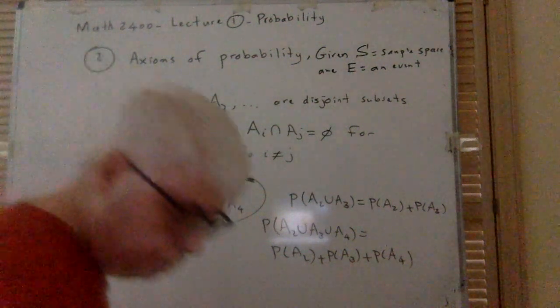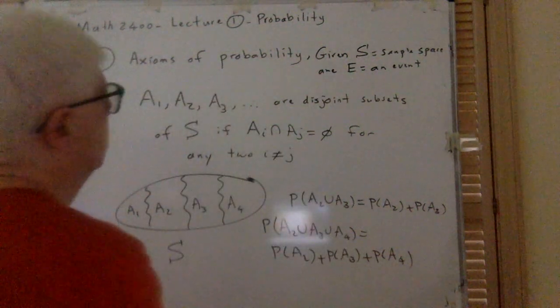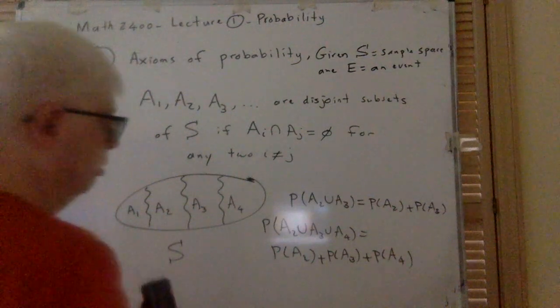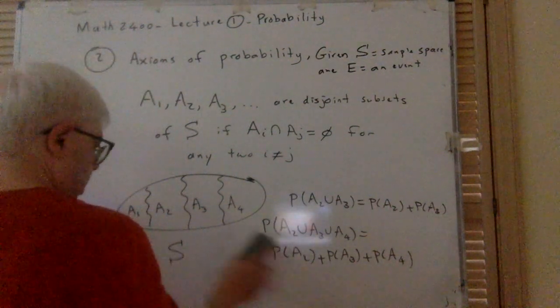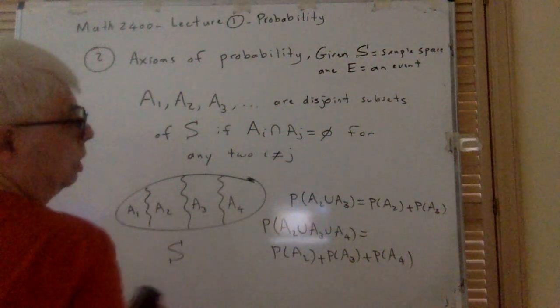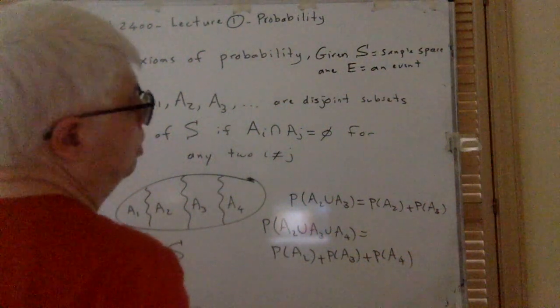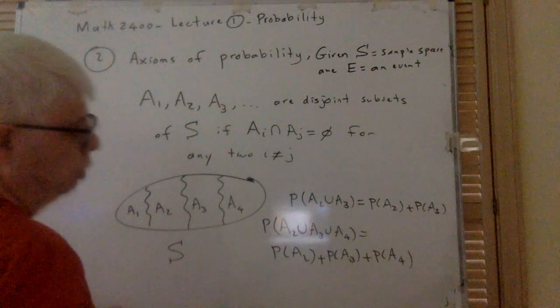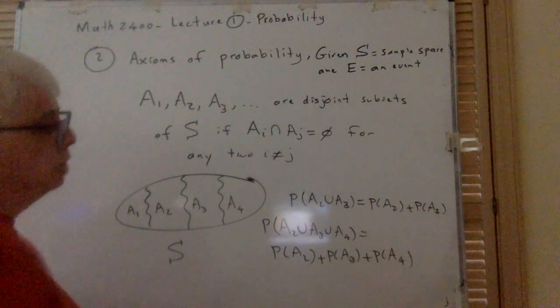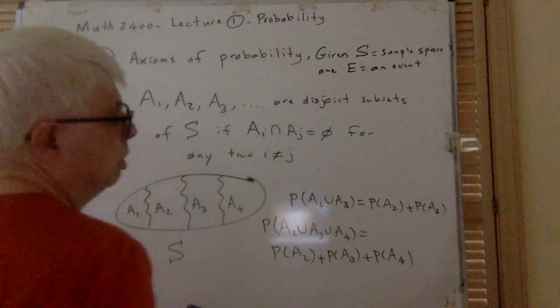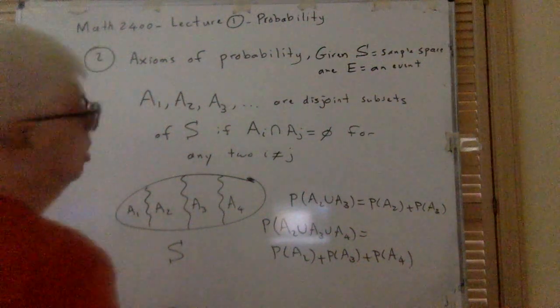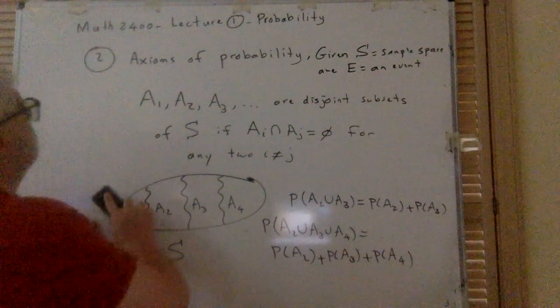And the third one is telling you that if I have a union of some disjoint events, then the probability of that union is the sum of the probabilities of those events.